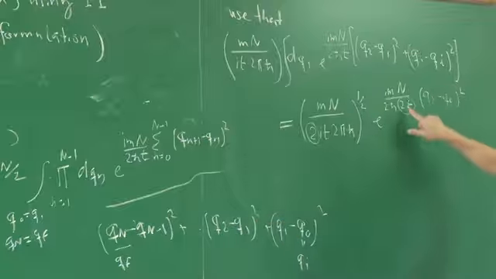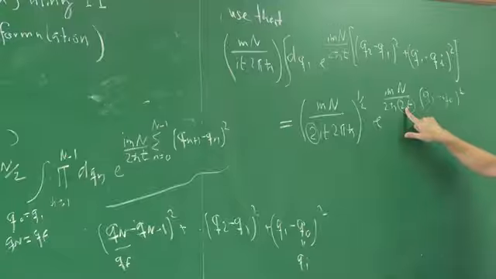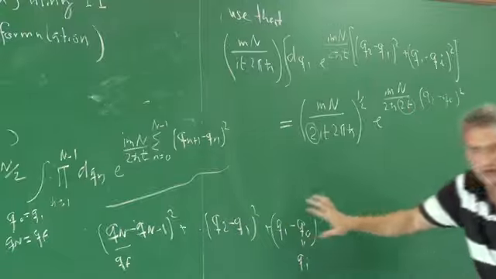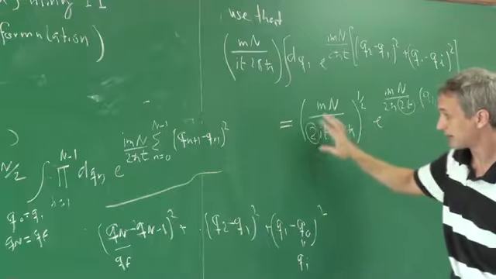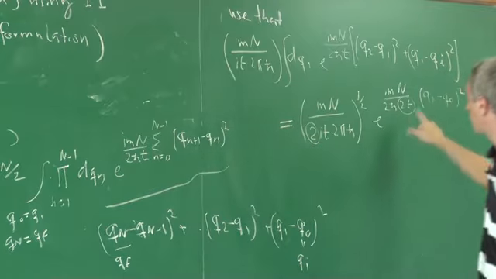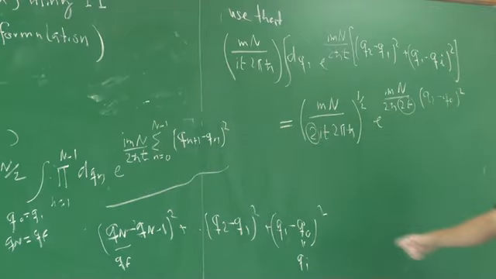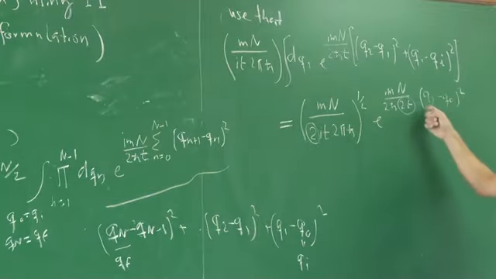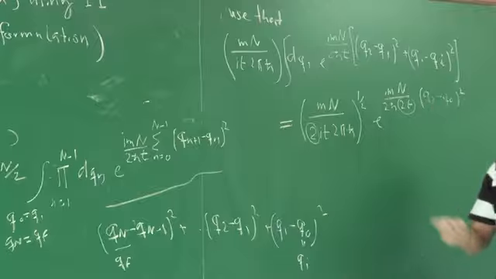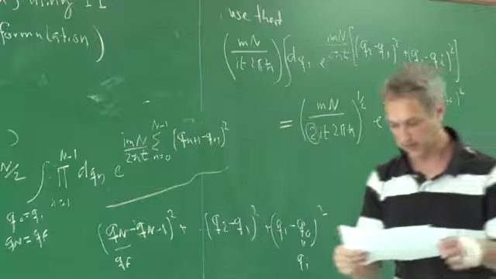But the prefactor here changed by a factor of 2. Other than this, the integral is just identical. So we do exactly the same as we did here. We collect all the terms which depend on q2, so this will be q3 minus q2 squared, and then we have q2 minus q0 squared, and we just integrate over q2.